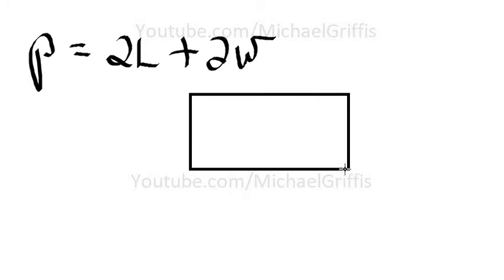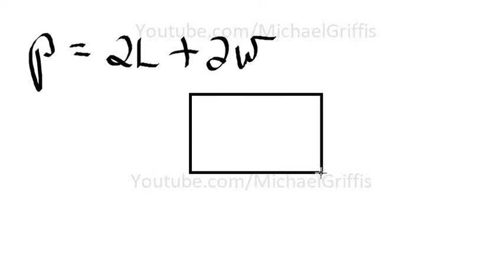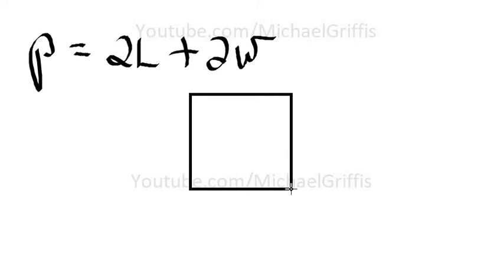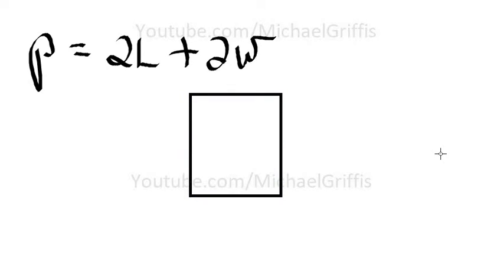Let me look at my notes. Something like that. Okay, we're going to let this be L, and we'll let this side here be W. And yes, P stands for the perimeter of a rectangle.